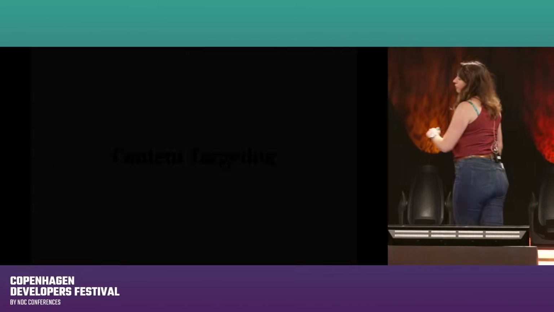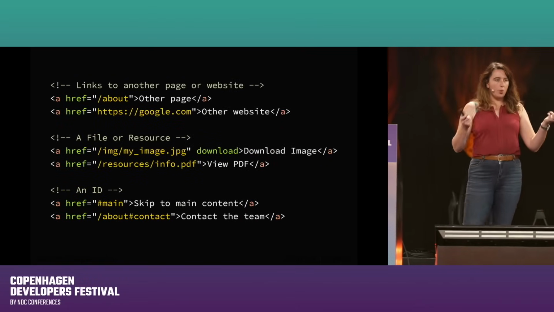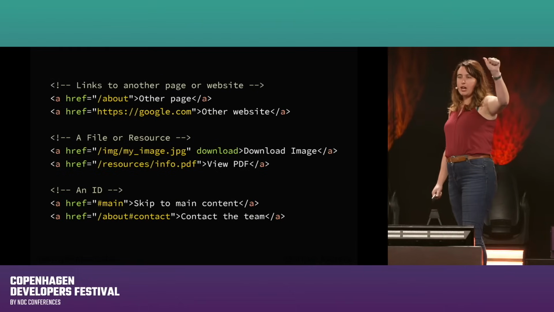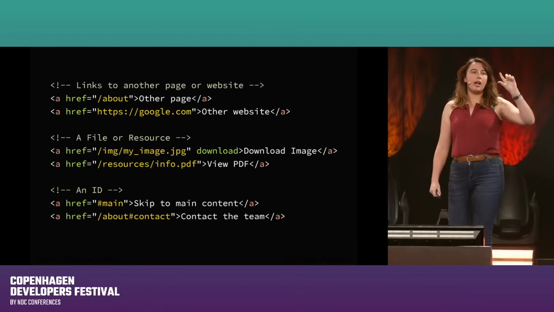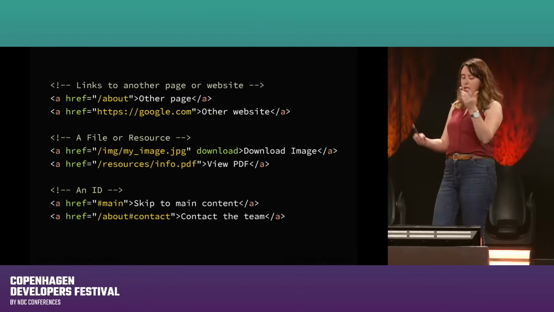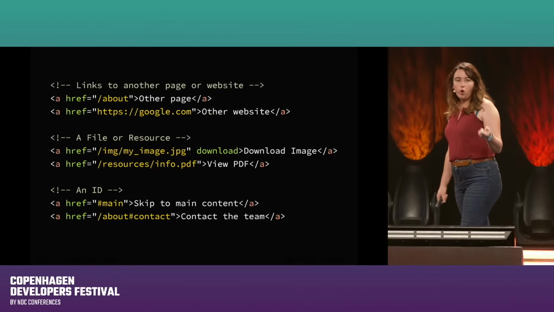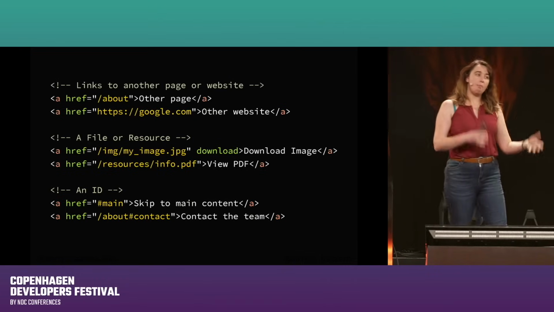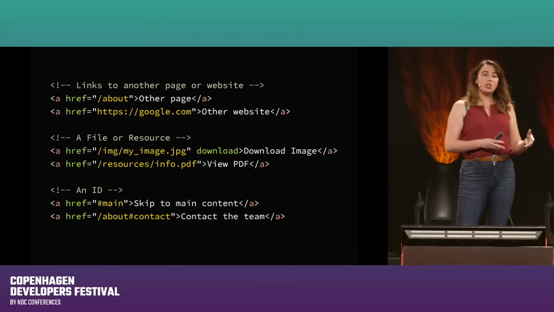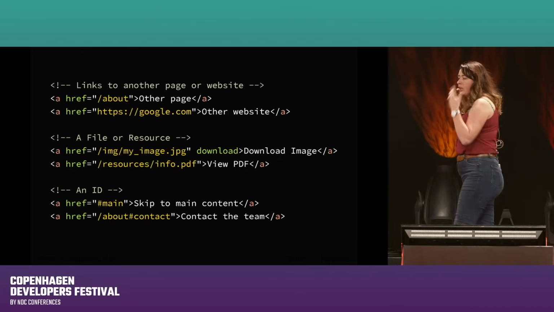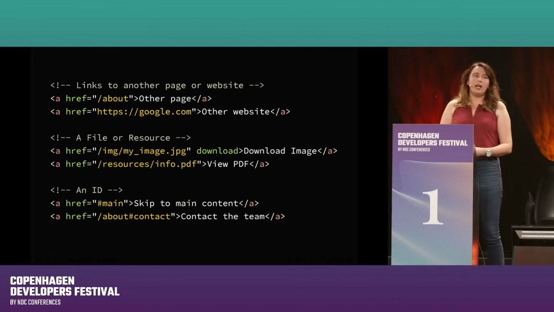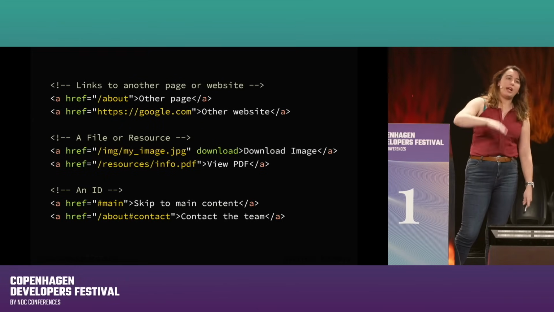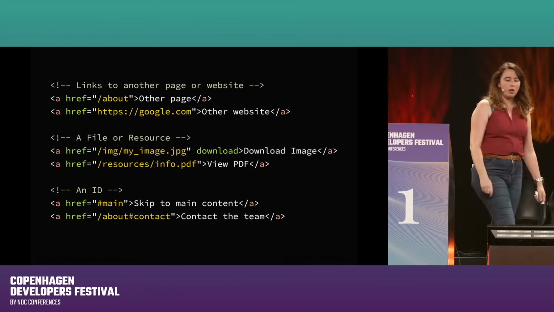A? Yes. The link tag, or anchor tag, is used when we link to another page or website, a file or resource, so that could be an image or a PDF or something like that, or we can also use it to reference the ID of an element on our page or another page and send the user straight there. This is really useful because if you want to send them to the contact form, instead of sending them to one page, you can send them all the way to where the contact form is.